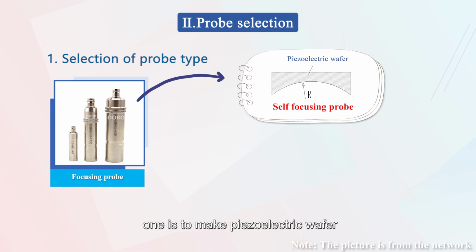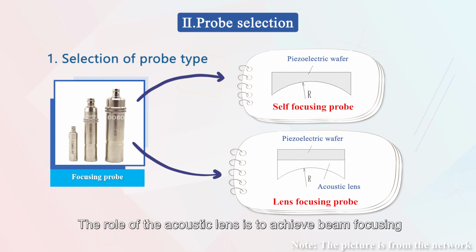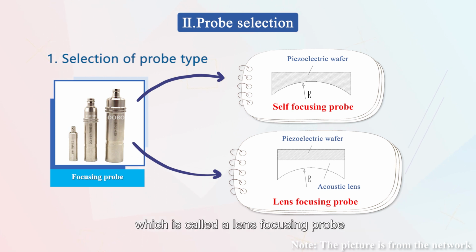One is to make the piezoelectric wafer into a concave spherical surface and directly focus the emitted acoustic wave, which is called a self-focusing probe. The other is composed of a straight probe and an acoustic lens. The role of the acoustic lens is to achieve beam focusing, which is called a lens focusing probe.